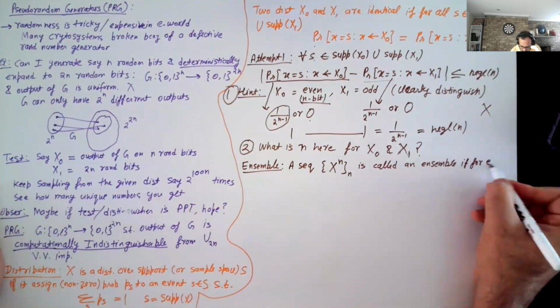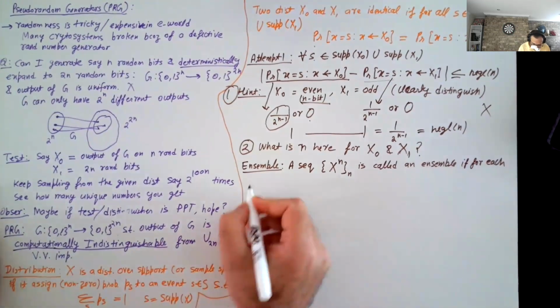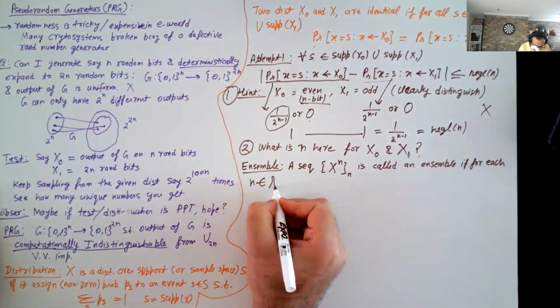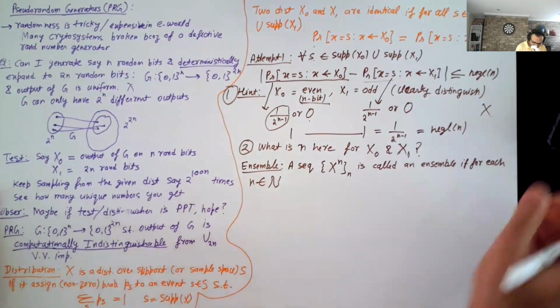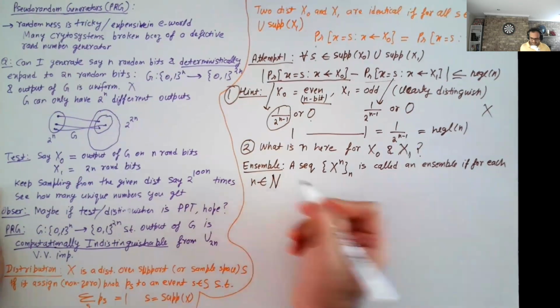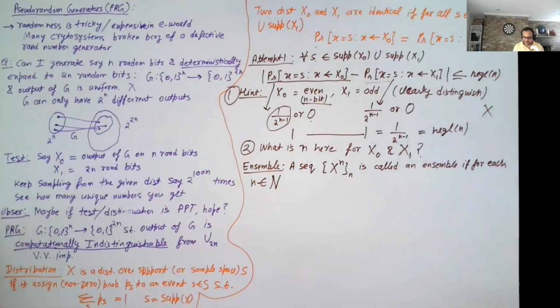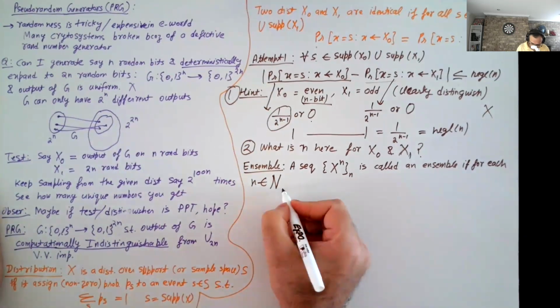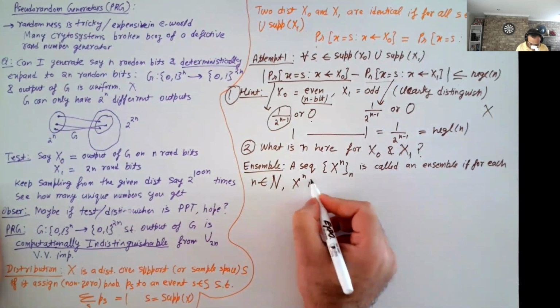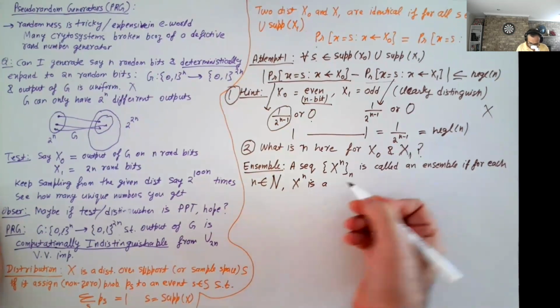For each n in the set of natural numbers, X_n is a distribution.